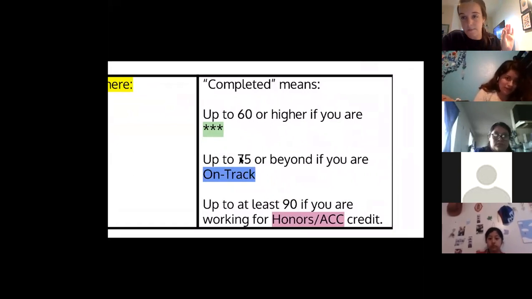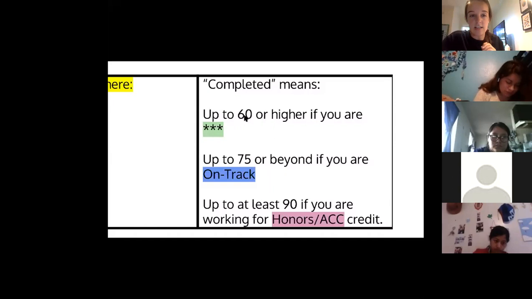That is your score. If you are someone who knows that they have an individual learning plan or they have shortened assignments as one of their accommodations, that means that you are on the star plan and you're at 60. If math is super hard for you and it gives you tons of anxiety, I'm here for you. I get you. 60, the star score, that is the score that you can go to.